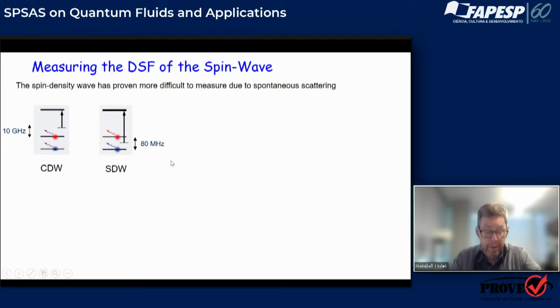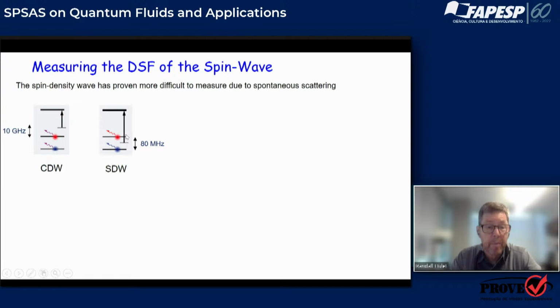measuring the dynamical structure factor of the spin wave has proven to be difficult. Several years ago, we were able to measure the dynamic structure factor of the charge density wave in this way, using this far detuned laser beam. But now, to measure the spin density wave, this laser detuning from resonance is only half of 80 megahertz, only 40 megahertz.